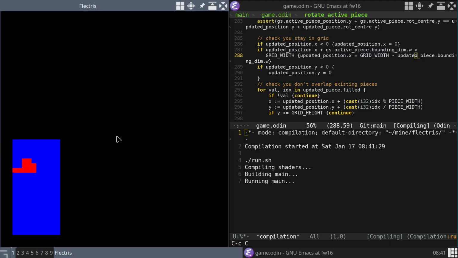Okay, try that again. Rotate on this side. Can't make it break. Come up here, we rotate against this side. And it does break. There.